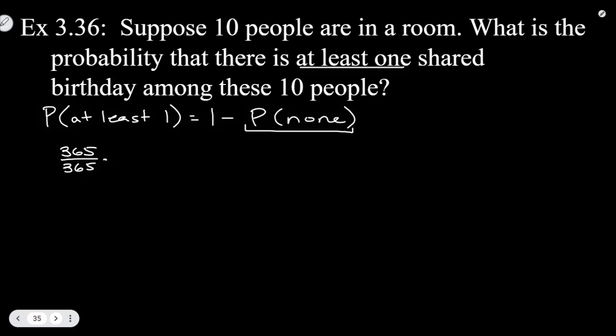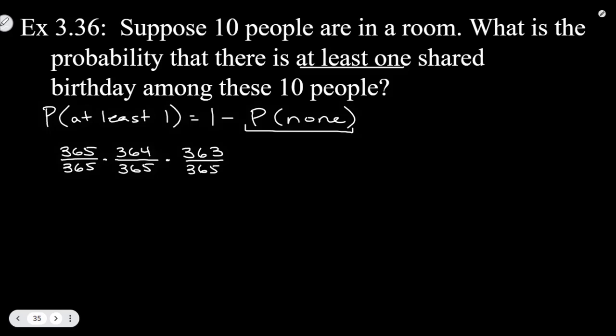When we come to the second person who walks into the room, their birthday cannot be the same as the first person, so they only have 364 more days that they can choose from, but still out of the possible 365 days. When the third person comes into the room, 2 of the days out of the year have already been chosen, so there's only 363 days left out of the year that their birthday could land on, as long as it doesn't match up with any of the other 2 out of the 365.